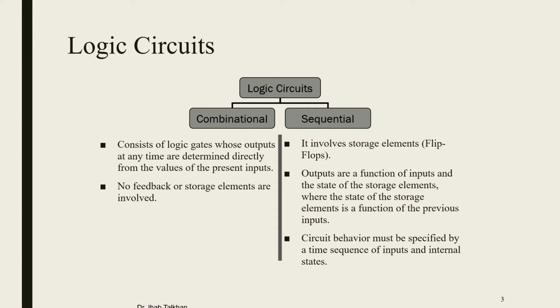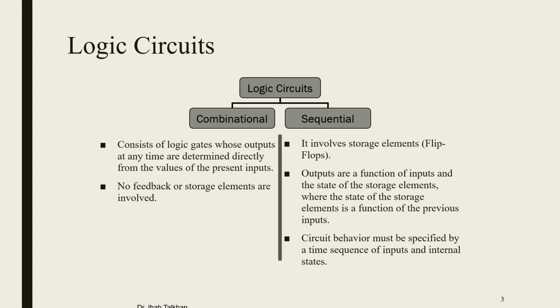Flip-flops mean you are flipping from one value to another, and for digital it's 0 to 1, 1 to 0. It is actually a square wave of zeros and ones. As long as it's flipping from 0 to 1 and from 1 to 0, we call this a flip-flop, and it is a way of storage elements.